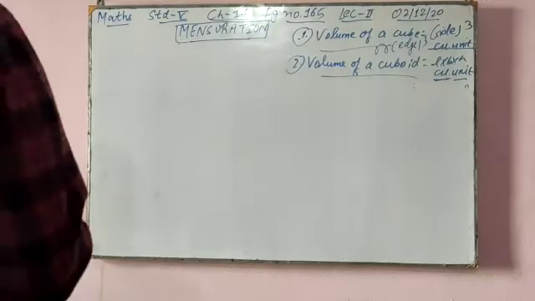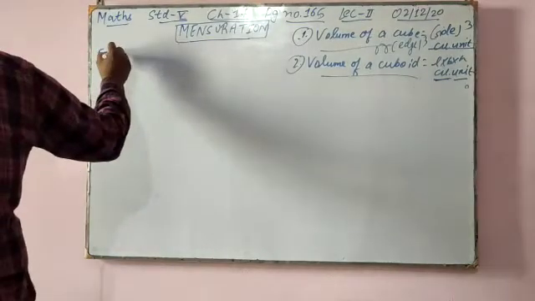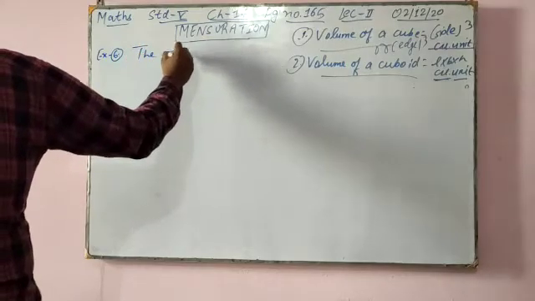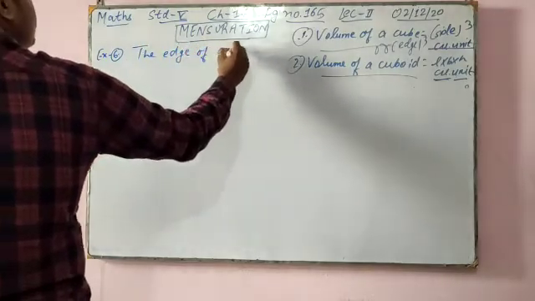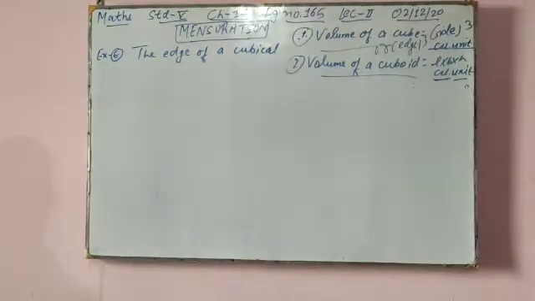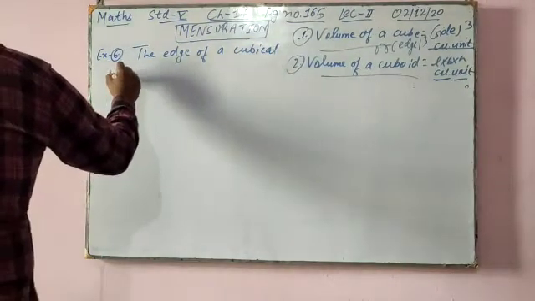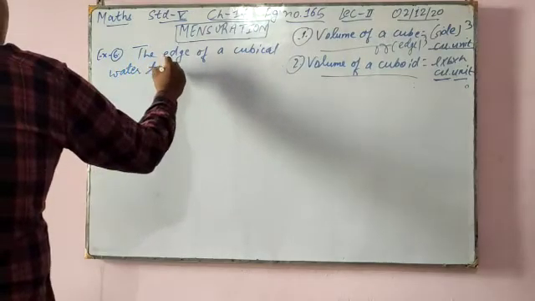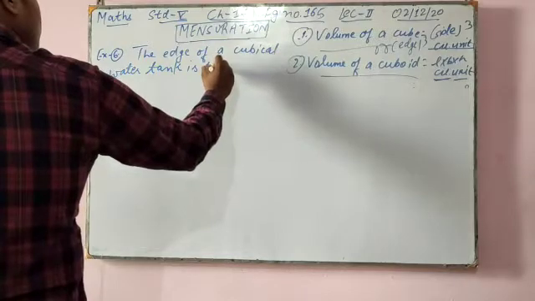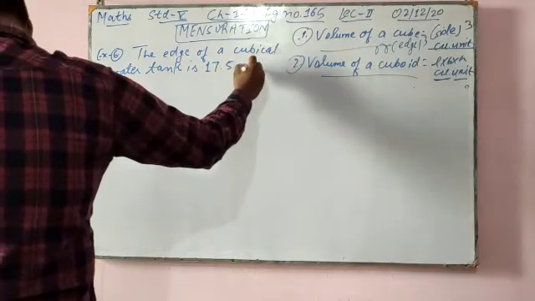So now come to example number 6. The edge of a cubical water tank is 17.5 meter.